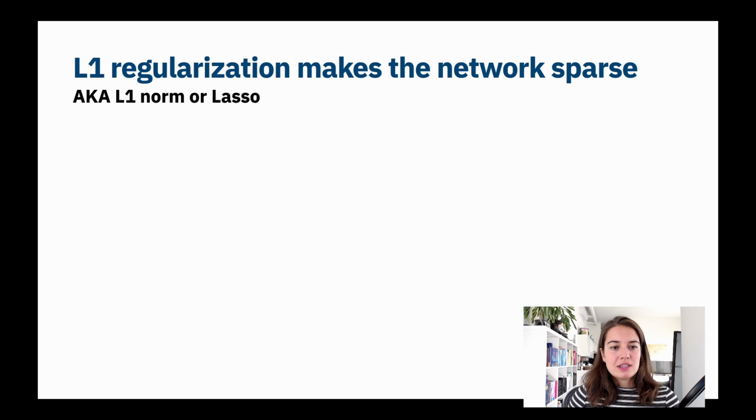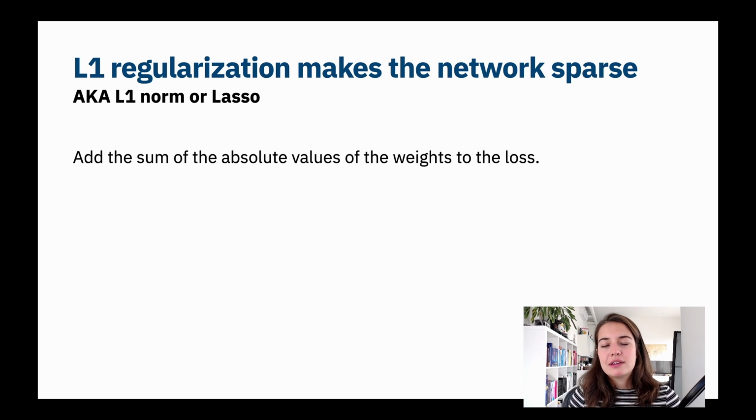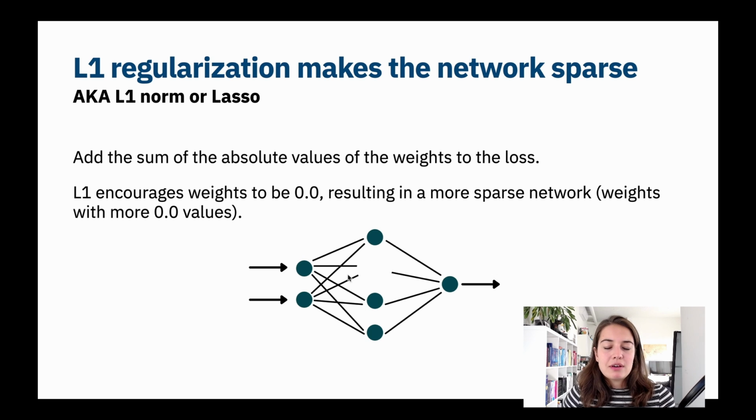So let's look at the L1 regularization specifically. It is also called L1 norm or Lasso in different places. So if you see it, this is basically what people are talking about. And that one has the power of making the network sparse. And what I mean by sparse is, we have a normal network, right? And every little neuron is connected to every other neuron.